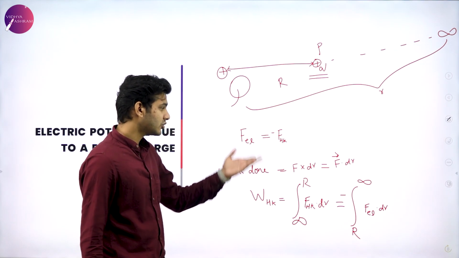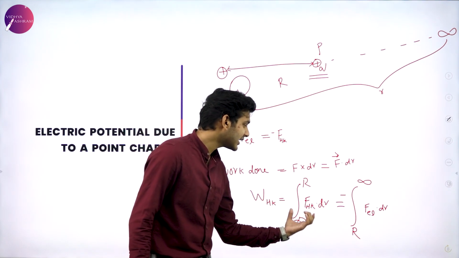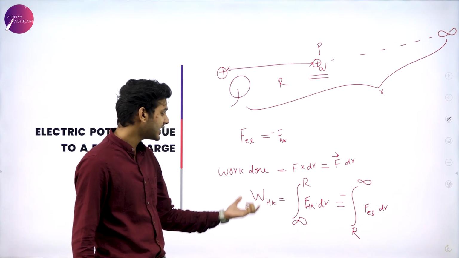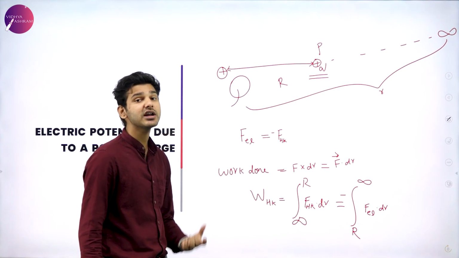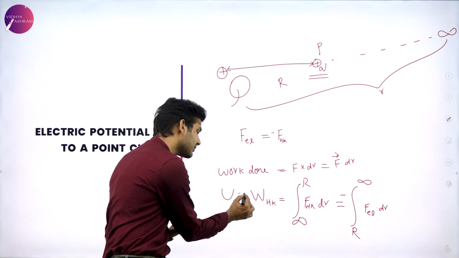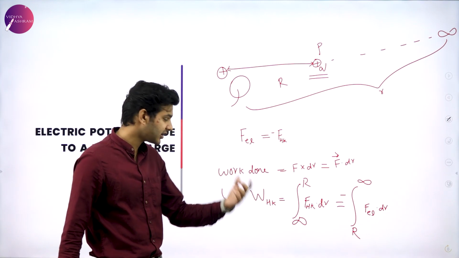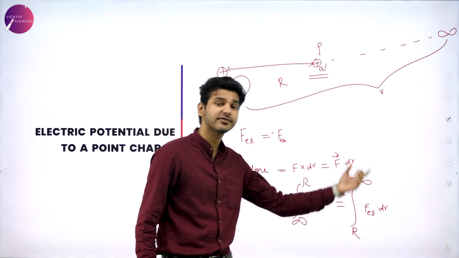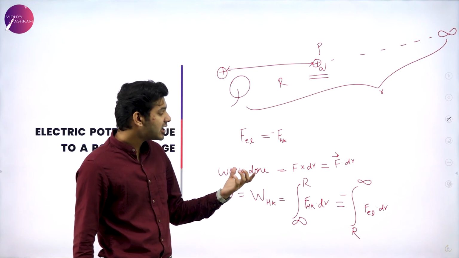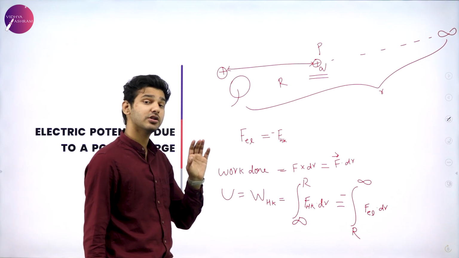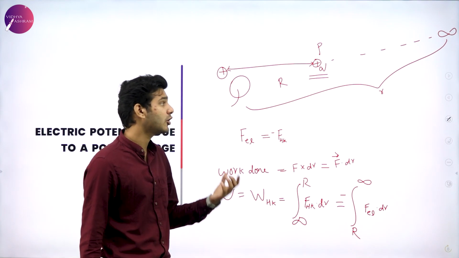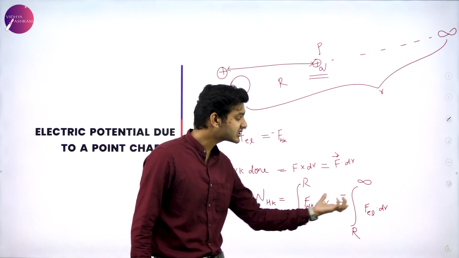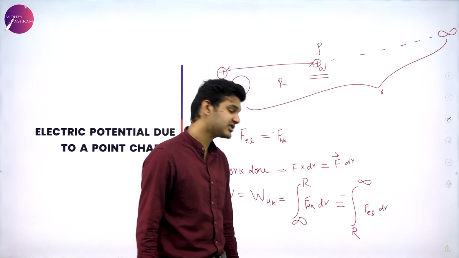If we calculate this or this, it will be equal in magnitude, which means that in order to find the work done, or in turn the potential energy, indicated by the letter U, the only thing we have to do is find the work done by the electric field. So to find the potential energy, I only have to find what is the work done by the electric force in this particular situation.